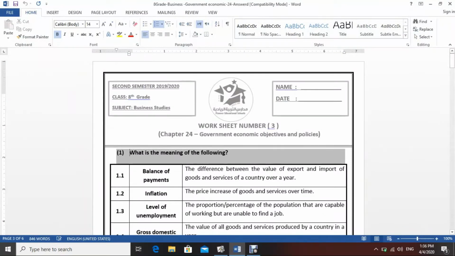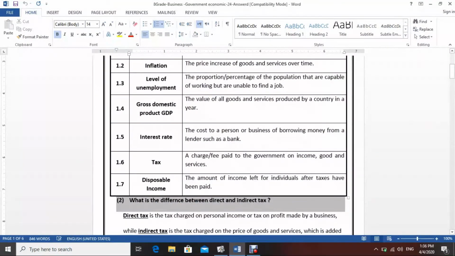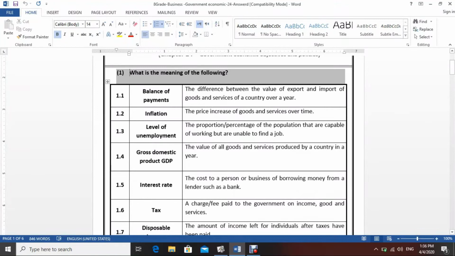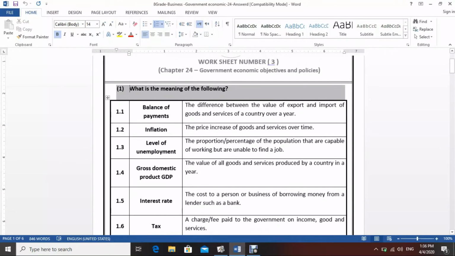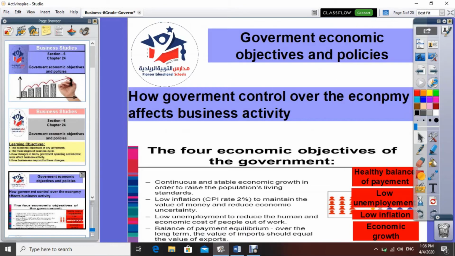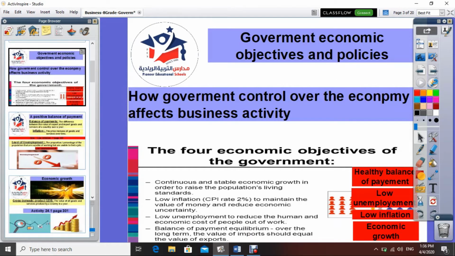In the worksheet I just sent you, we have seven definitions: balance of payment, inflation, level of unemployment, gross domestic product (GDP), interest rate, tax, disposable income. These definitions are very important and could come as multiple choice questions in the assessment. So keep them in your mind. Let's go back again.